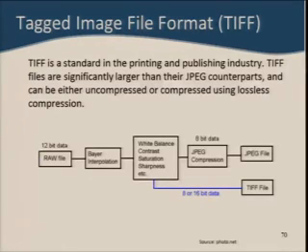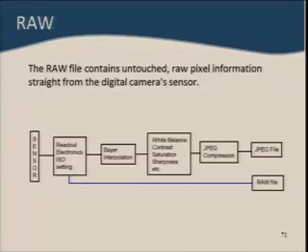Sometimes you may not want the computer or the digital camera to do the correction for you, because the chips on the digital camera may not be smarter than what you want to do. So in those cases, you want to have access to the original data captured from the image sensor.